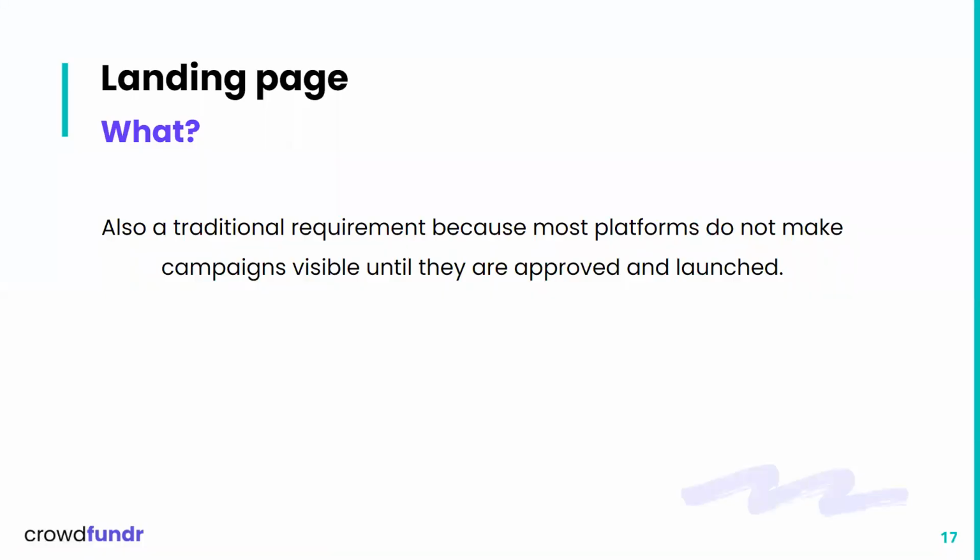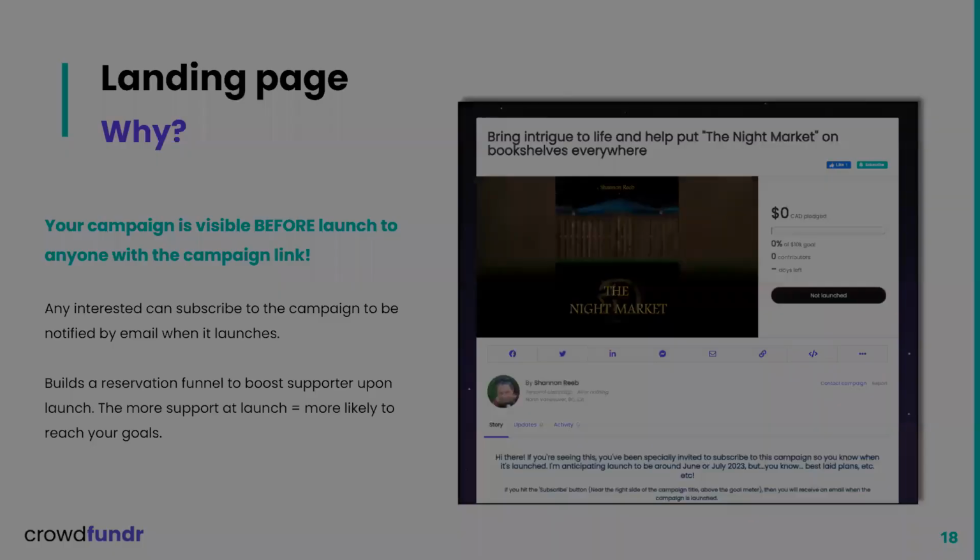Okay, landing page. So it's traditional on other platforms to have an outside landing page. And the reason they do this is because they do not make campaigns visible until they are approved and launched. Can anyone see a pattern here?